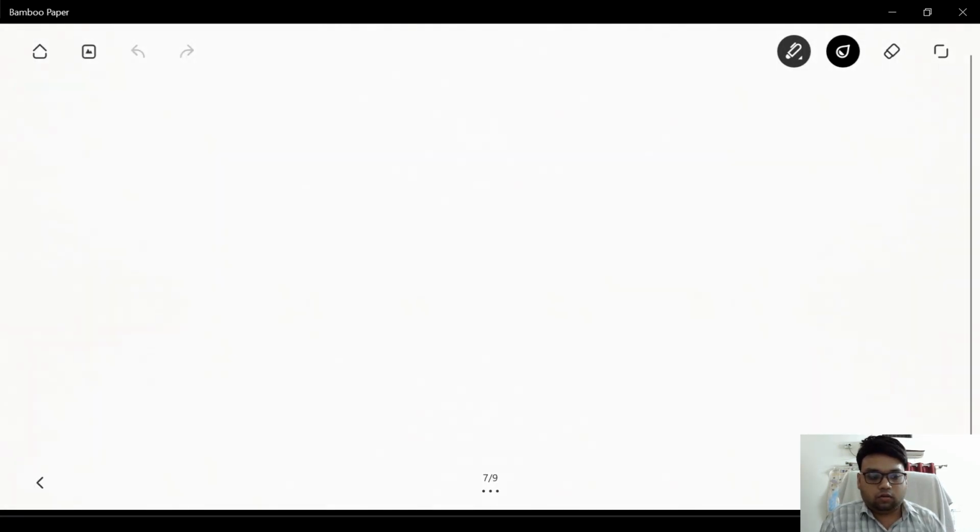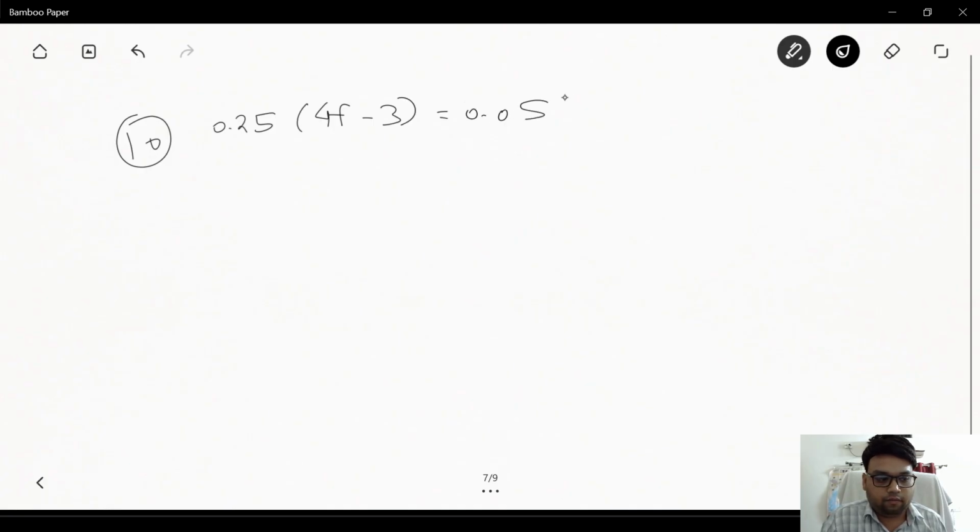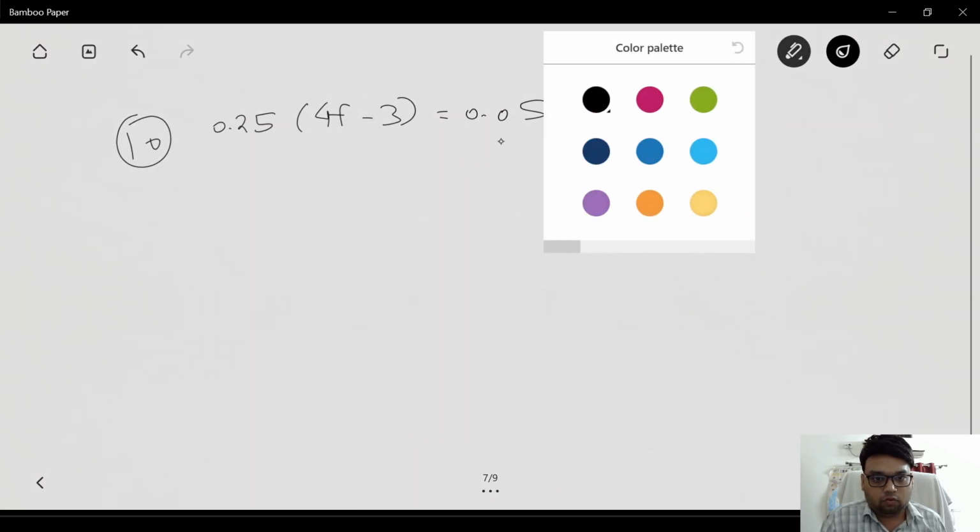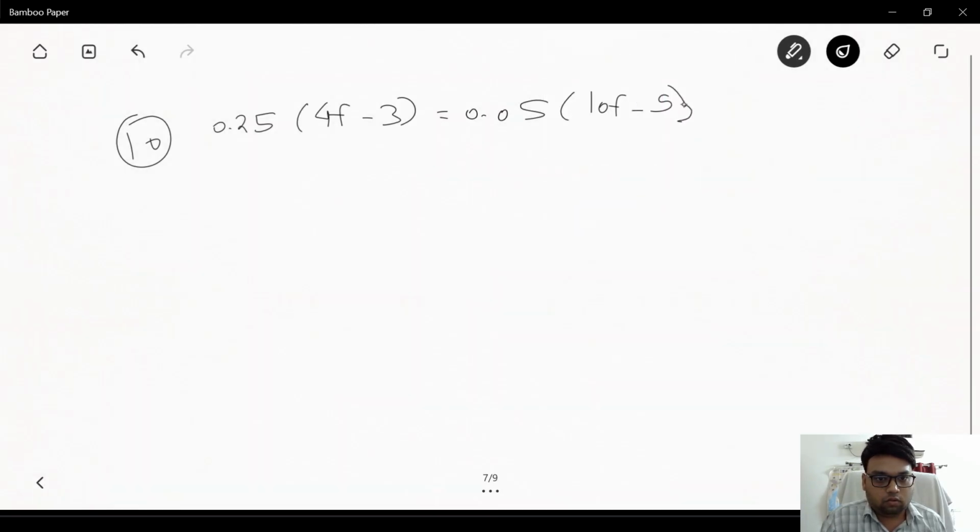Okay students, are you all ready to solve question number 10? Let's start. 0.25 multiplied by (4f minus 3) is equal to 0.05 into (10f minus 9). We have to solve this question, so it will transform here.